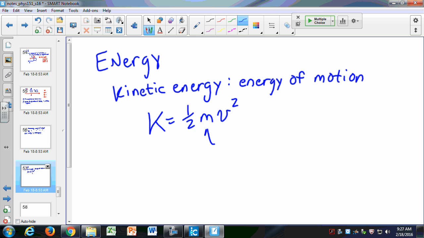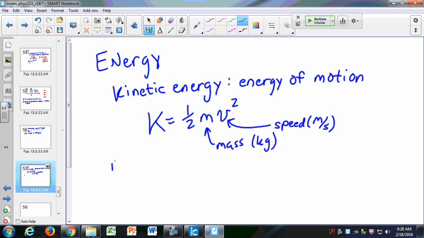This is the mass in kilograms. This is the speed in meters per second. You have to be in SI units to get your units to work out right. I'll give you the units for energy in just a bit.